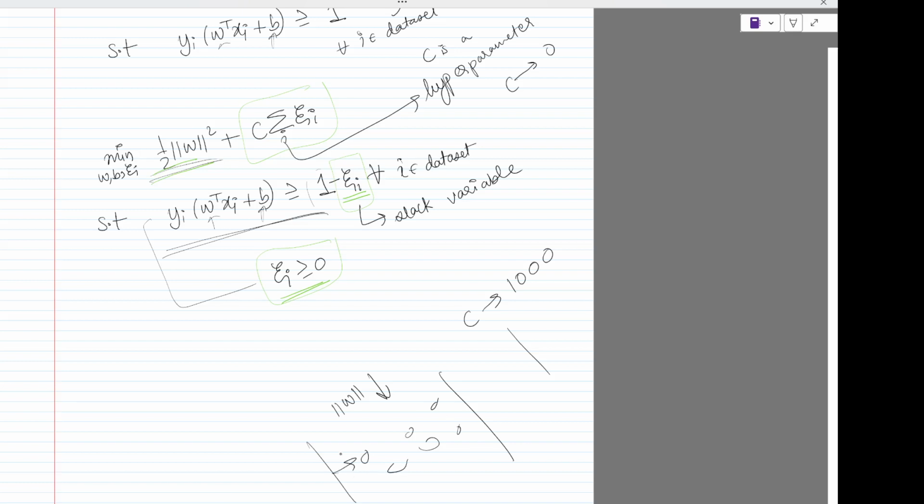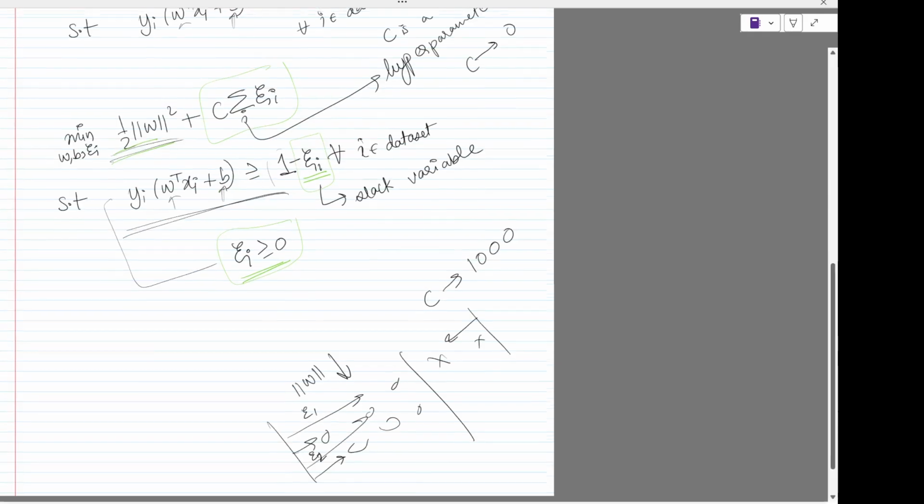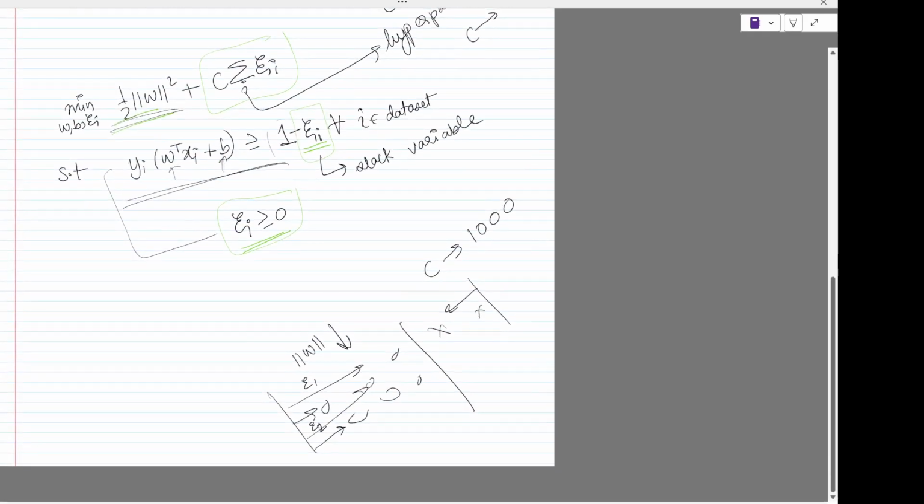So all these psis will get counted: this is psi 1, psi 2, like this all will get counted and summed over here and multiplied by C. That is a very big value. But your objective was to minimize this total thing. So it may find some W star which is not too small and not too big.